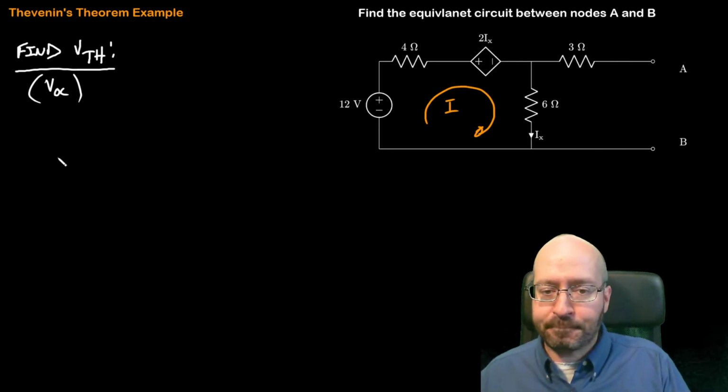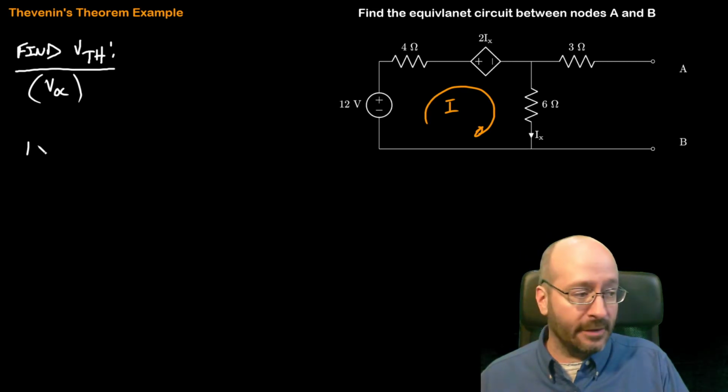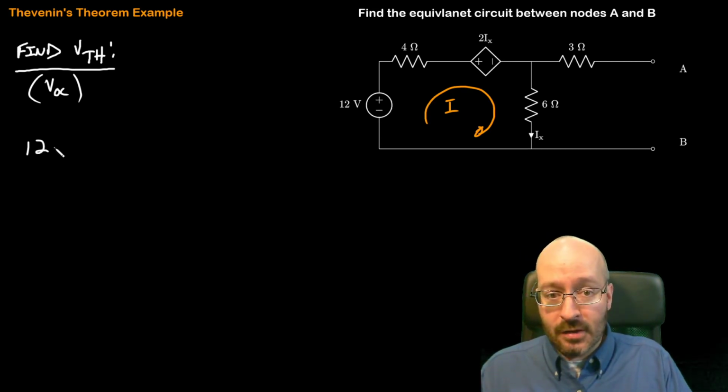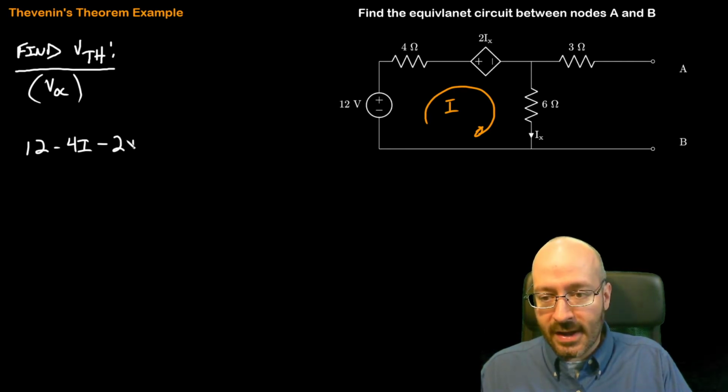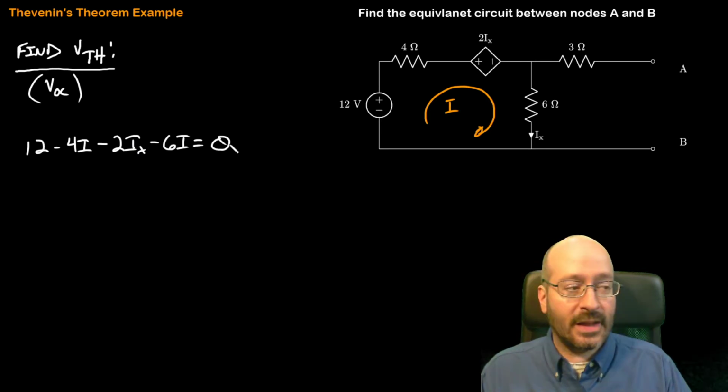We can do that. We're going to go the long way, right? So we go up 12, we go down 4 times I. We go down 2ix. And we go down 6i. And we're back to where we started, so that's equal to 0.